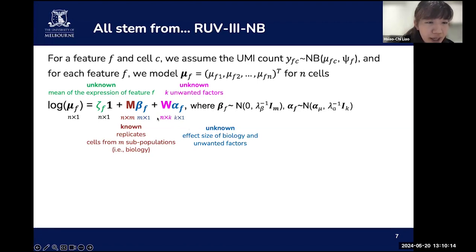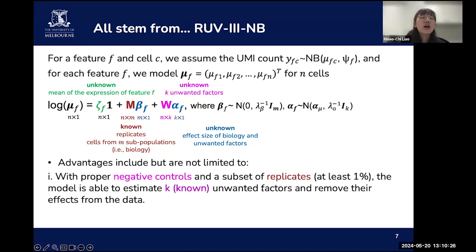Beta and alpha are the unknown effect sizes of biology, beta, and of the unwanted factors, alpha.